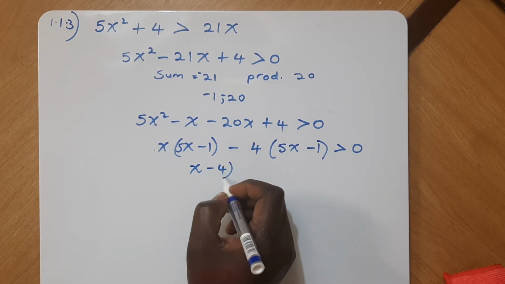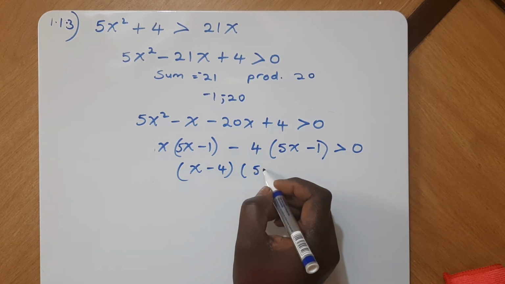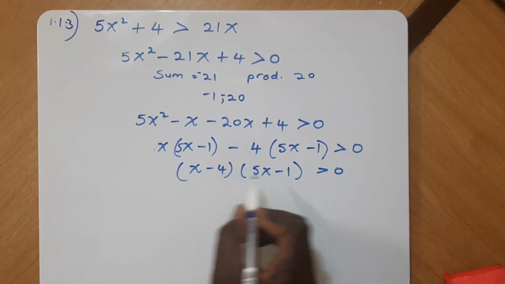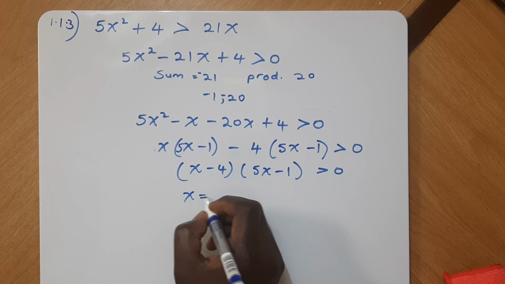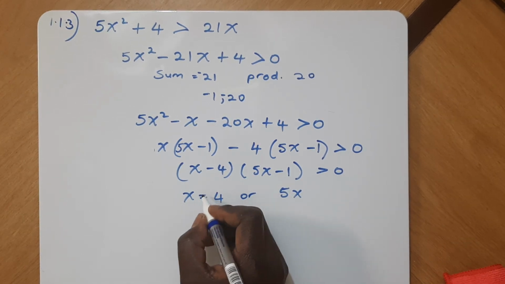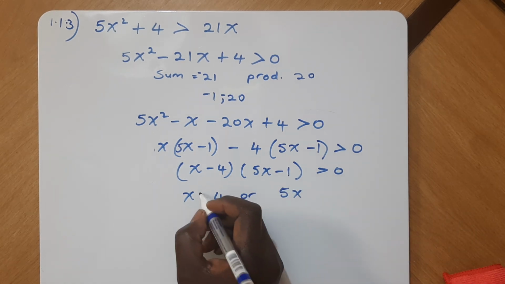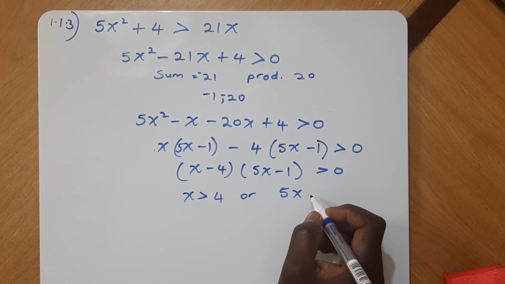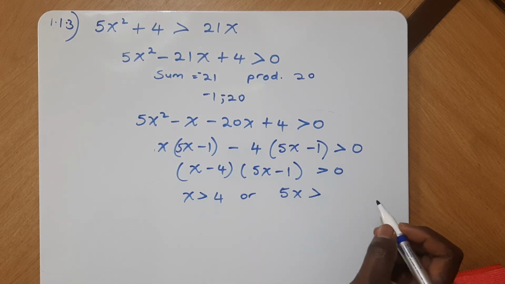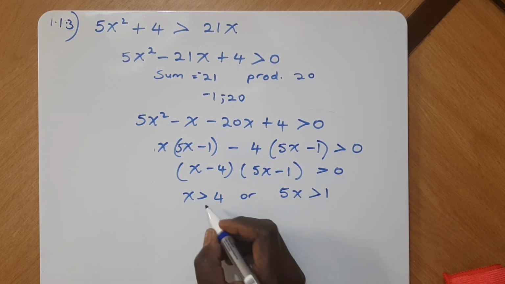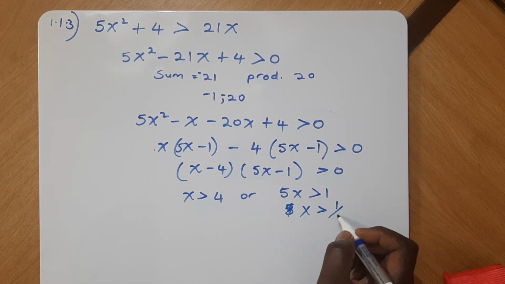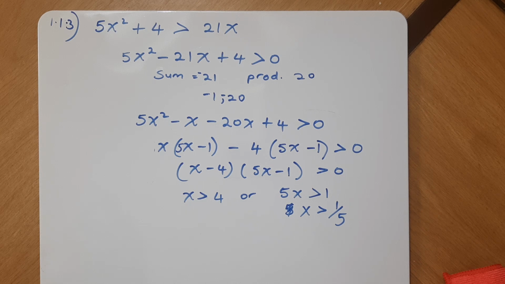So x minus 4 and 5x minus 1 greater than 0. So we have two solutions. We have x greater than 4 or 5x greater than 1, which comes to x greater than a fifth. Okay?